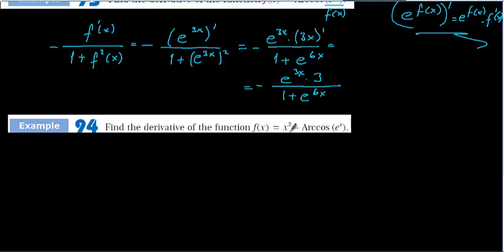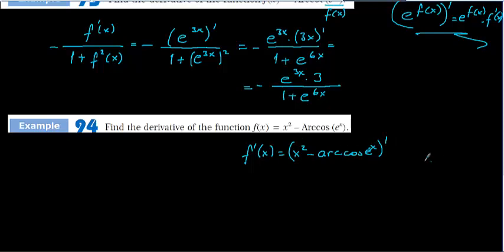Okay, here we have two different functions, one polynomial function which is x squared, and e to the power of x. So f'(x) is the derivative of x squared minus the derivative of arccosine of e to the power of x.